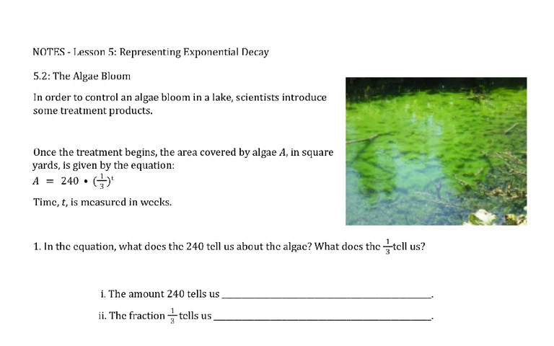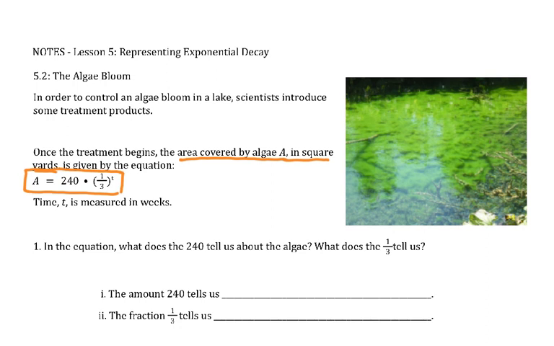The treatment products will control the algae that's growing on the lake. Once the treatment begins, the area covered by the algae in square yards is given by this equation.